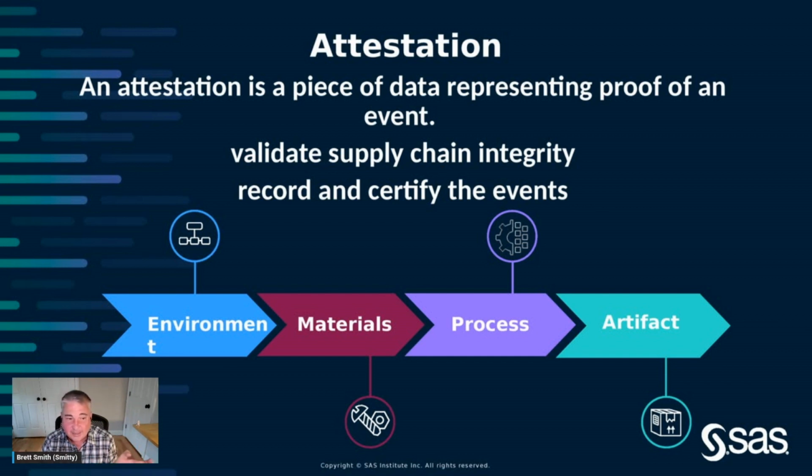The process is what machine is performing the test and what the configuration details of that test are. The materials are whose blood is going into the test. This is very important. Is the chain of custody verified? And the artifact is the output of the test, the test results. The blood test results should be verifiable and traceable.